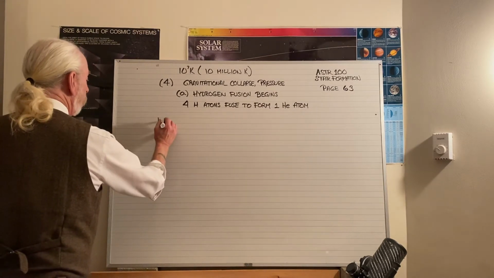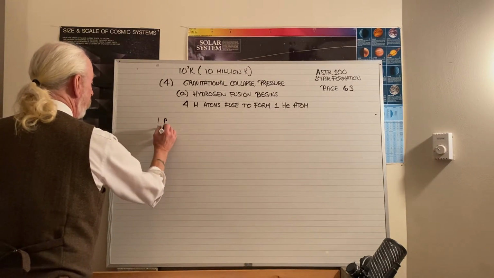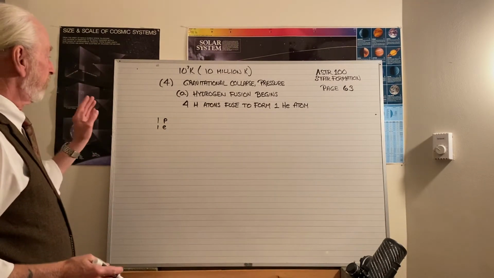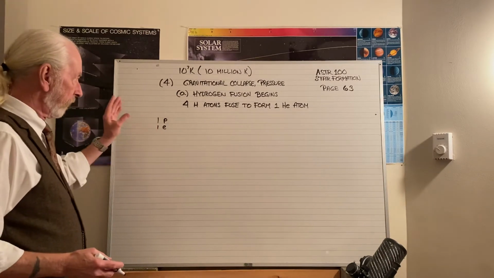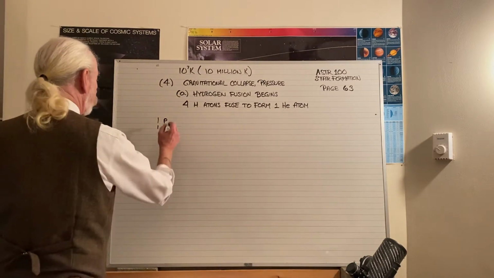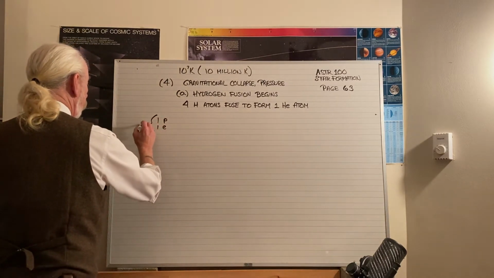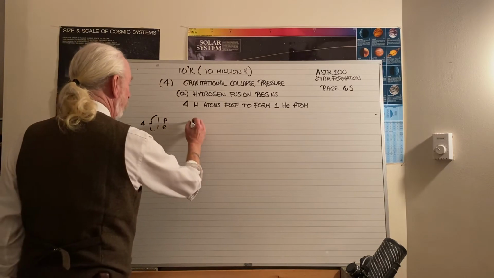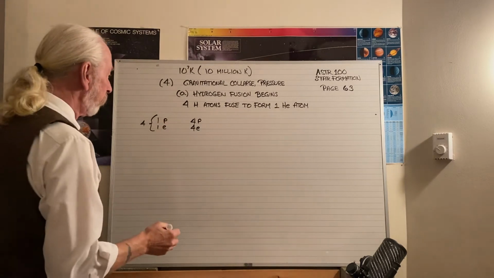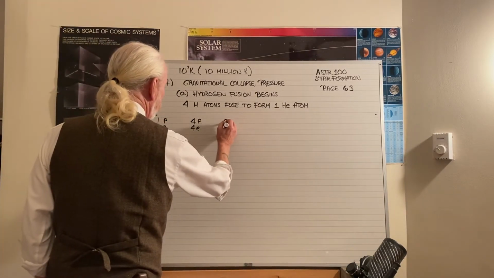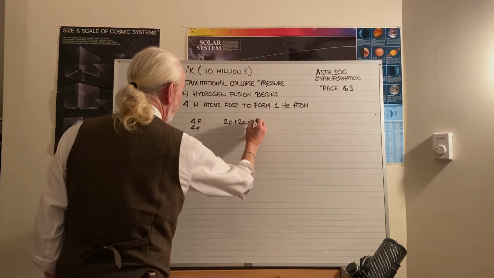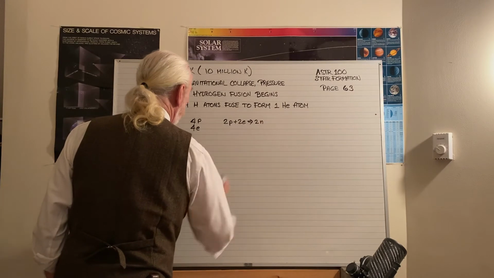All right. Now, if you have 4 of these, and we'll get into this in greater depth, but what happens is if you have 4 of these, that means you've got 4 protons, 4 electrons. 2 of those protons plus 2 of those electrons will form 2 neutrons.